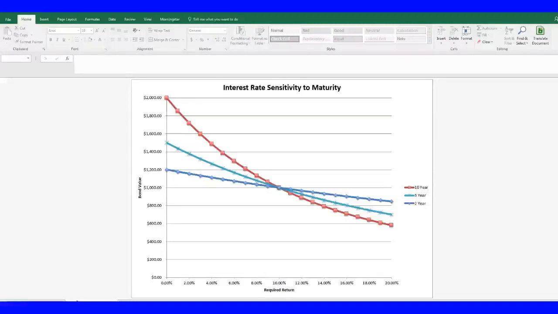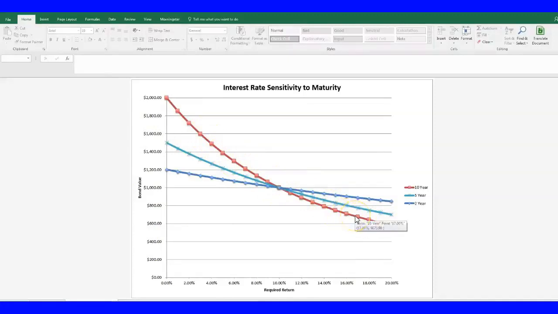We can see the interest rate sensitivity to maturity graphically. Here we have in red the 10-year bond, in green the 5-year bond, and in the darker blue, the 2-year bond. On the horizontal axis we have the required rate of return on the bond, and on the vertical axis we have the bond value, and we can see the slope of the 10-year bond is much steeper.